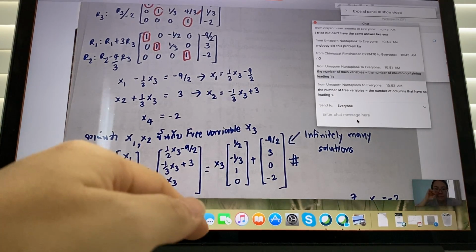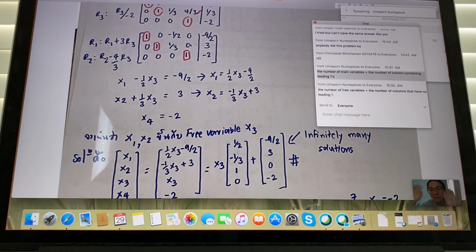All right. So like this example, I'm going to summarize this in the documents after this for you.